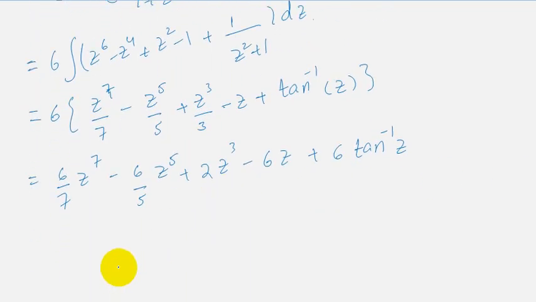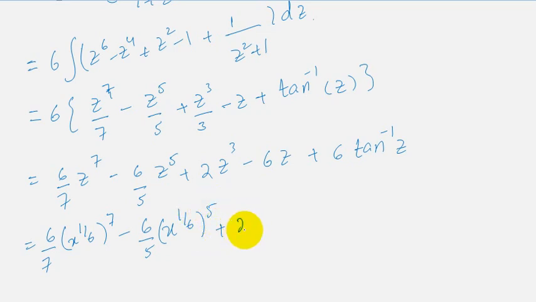By putting value of z, we get 6 upon 7 times x raised to power 1 upon 6 whole raised to power 7, minus 6 upon 5 x raised to power 1 upon 6 whole raised to power 5, plus 2 x raised to power 1 upon 6 whole raised to power 3, minus 6 x raised to power 1 upon 6, plus 6 tan inverse of x raised to power 1 upon 6.